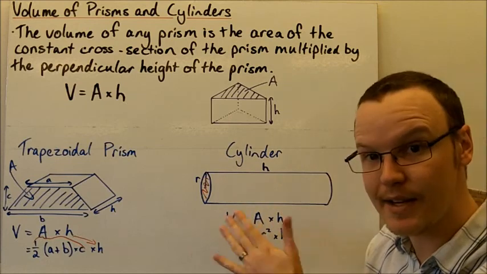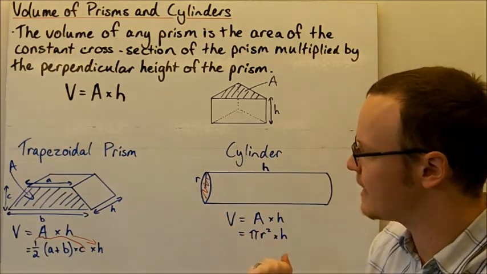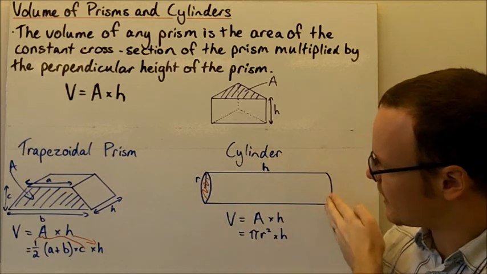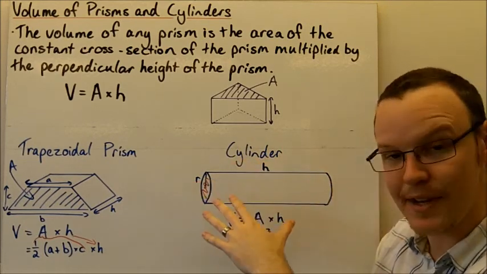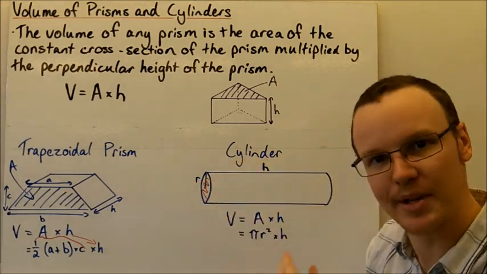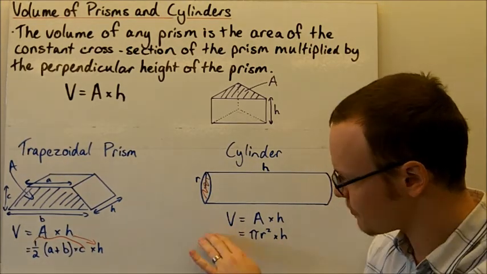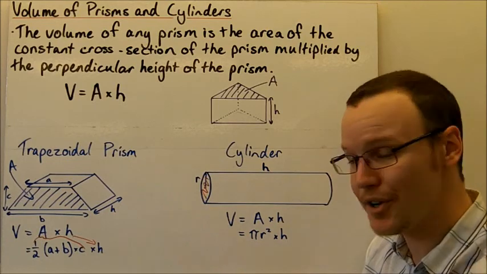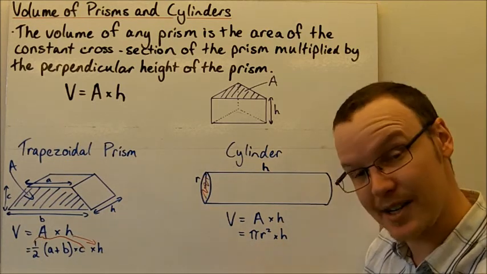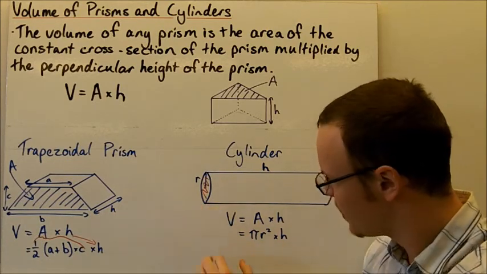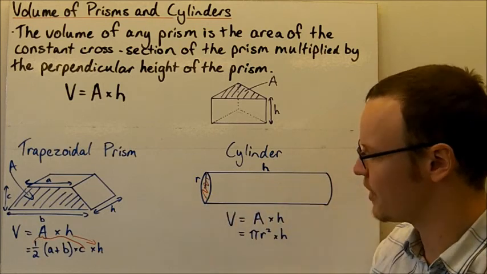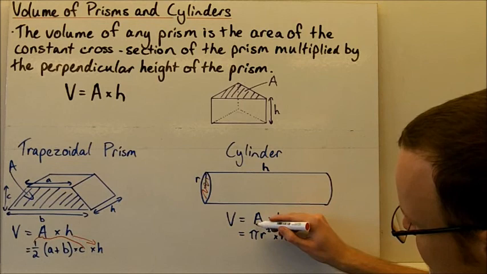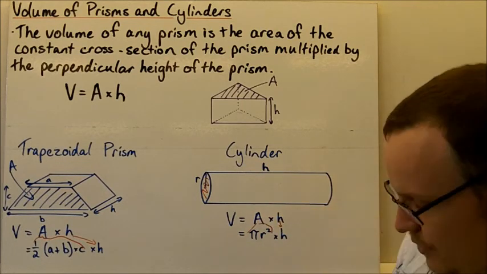Once again, looking at our cylinder as a prism, slicing through all the way along the height of our cylinder, we will get the same circle each time. So volume is the area times the height. The area of our circle at the end is going to be pi r squared. So the volume is pi r squared times the height. That carries down directly, and that's the area of our circle.